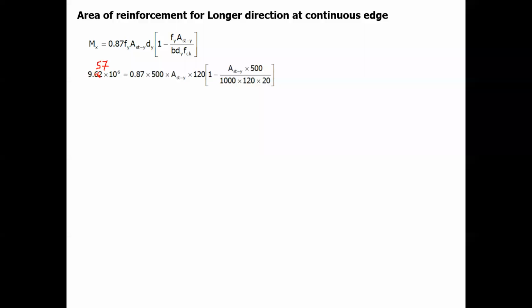Okay. So remaining values, you substitute and calculate Ast y. And after this, you have to compare with the Ast minimum. Actually, procedure is lengthy, but it is easy, isn't it? Yes.